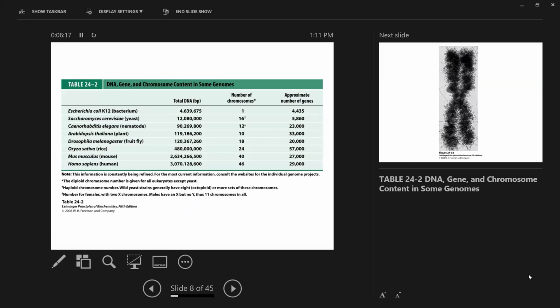So here are some sizes of the genomes of some of these different organisms. Now, once we get to eukaryotes, the genomes tend to get bigger. But I want you to notice something. There's Caenorhabditis elegans. Here's Drosophila melanogaster. Now, in terms of complexity, do these two have any difference in complexity, or are they about the same?